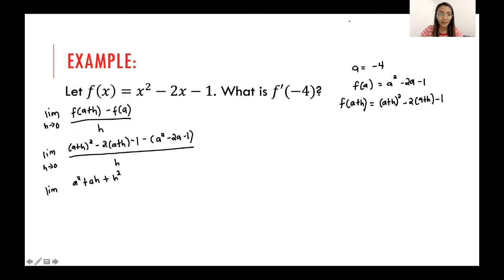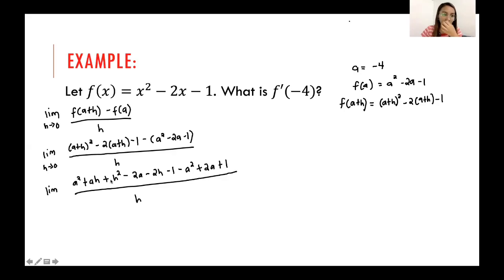Distributive property, negative 2a. Negative 2 times h is negative 2h. Minus 1. So, ito, distributive property, this will become negative a squared plus 2a plus 1 over h.